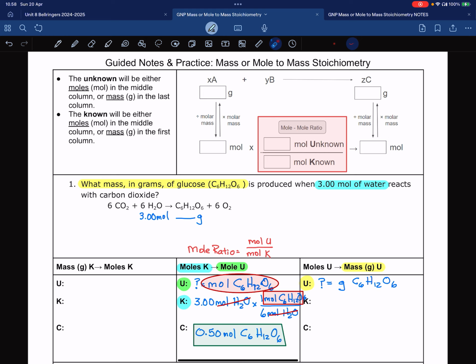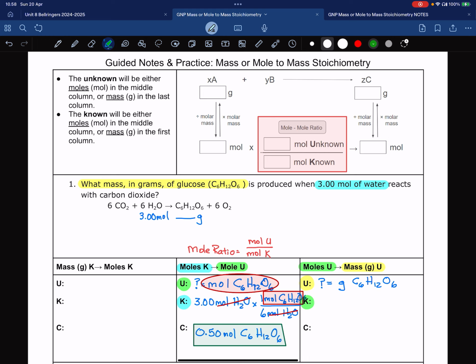Now, here's the key to the whole thing. The unknown from the first box becomes the known in the next box. If you can wrap your head around that, you've got everything. So what is my known here? Well, my known is moles.